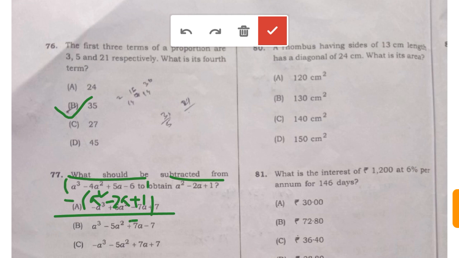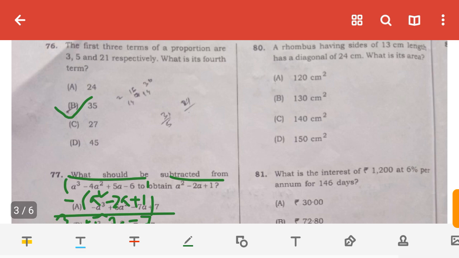Then it will be minus 7, here it will be minus 7a, and here 5a square and a cube. That means a cube minus 5a square minus 7a minus 7. That means option B is the correct answer.